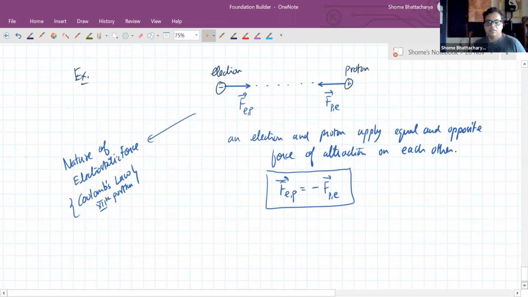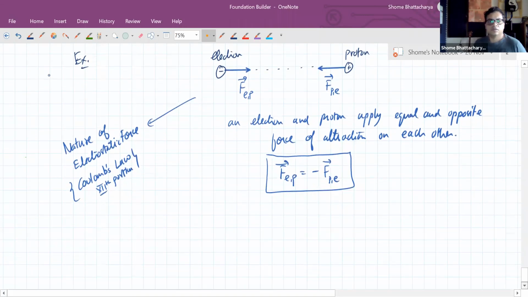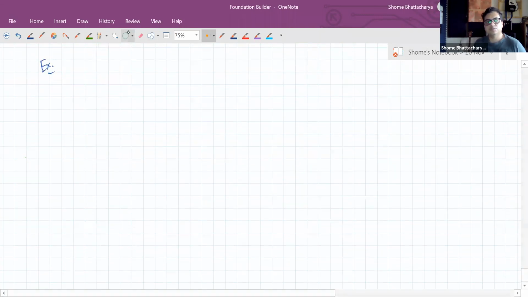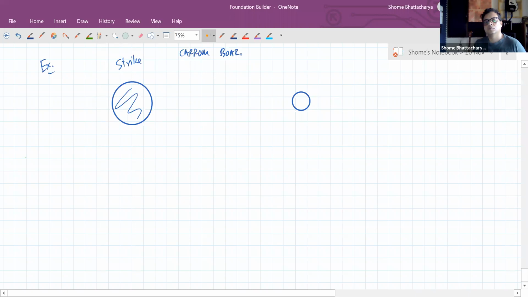Okay. Another example, a situation where we observe action reaction principle. Imagine this is the top view of the carom board, okay, and this is the striker. Top view, and this is a coin.